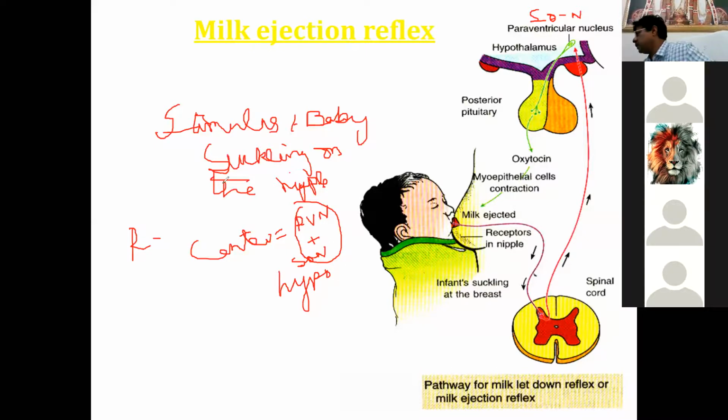And people say milk is ejected not only from the breast on which the baby is suckling; the opposite breast also has some amount of milk coming out. And not only in a postpartum woman is the stimulus suckling by the infant; even genital stimulation and emotions can cause oxytocin release, which can in turn cause this milk ejection.